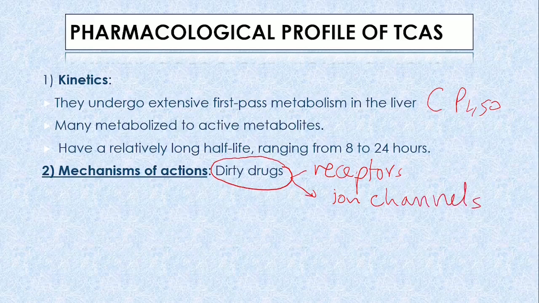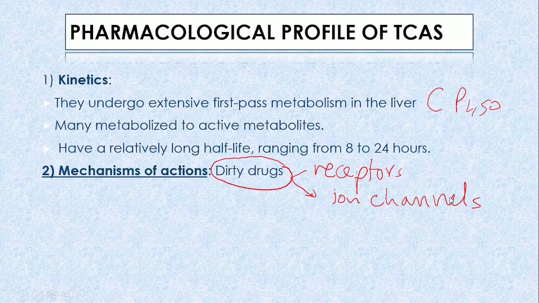That's why they are known as dirty drugs, and we expect, therefore, that they will have many side effects because, as we have said several times, some of the actions are desirable and are considered therapeutic uses, and the other actions are side effects. Some of them are so dangerous that they might become a contraindication.